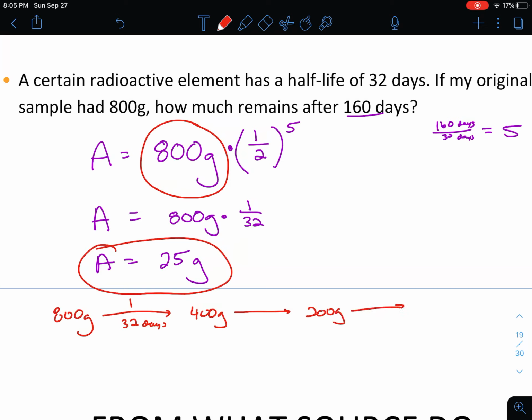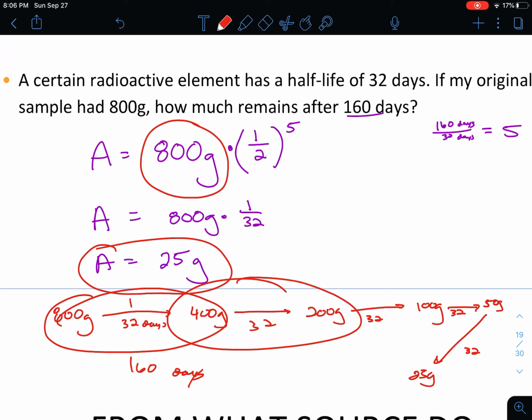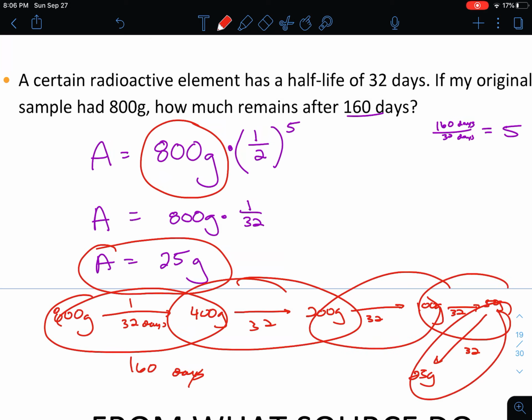After another 32 days, 100 grams. 32 days, 50 grams. 32 days, 25 grams. That ends up being 160 days in all. And so you can just work your way through in half, in half, in half, if you want to work your way through that way.